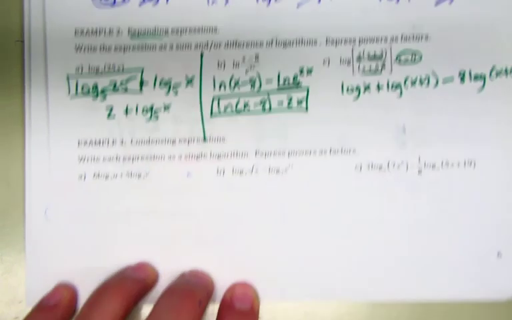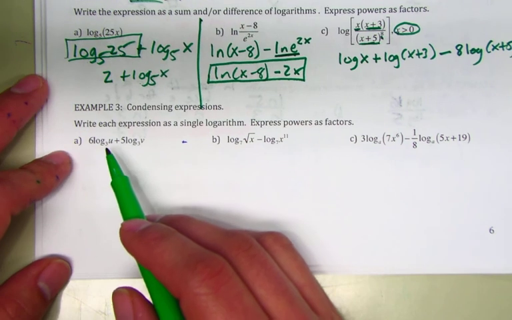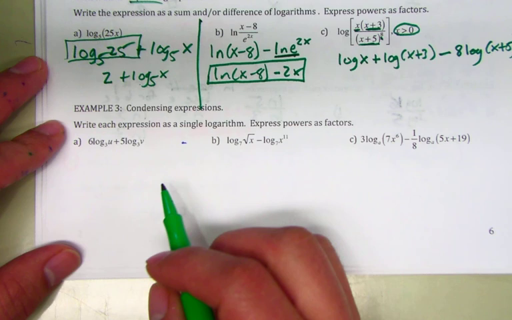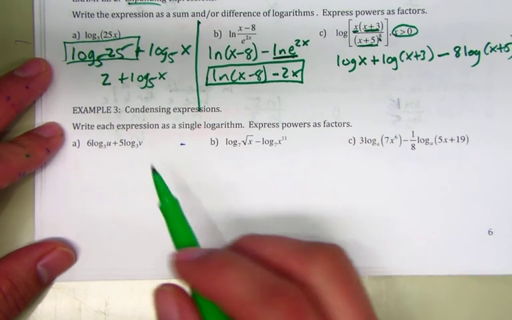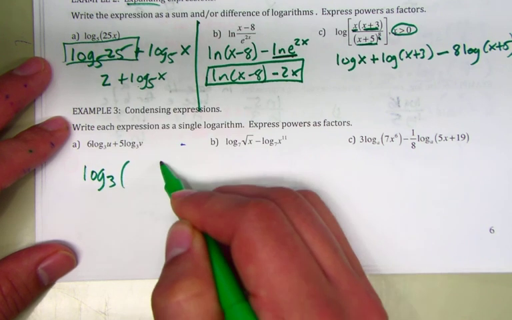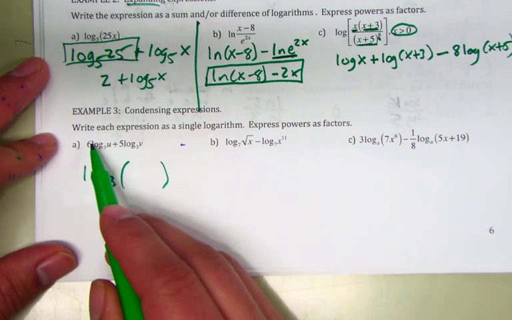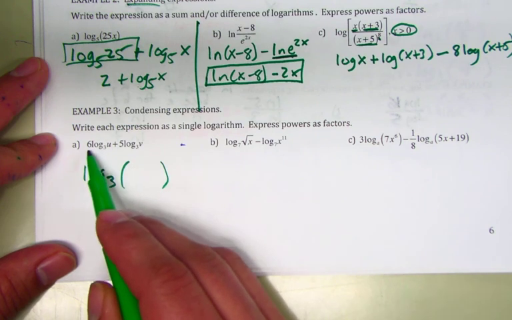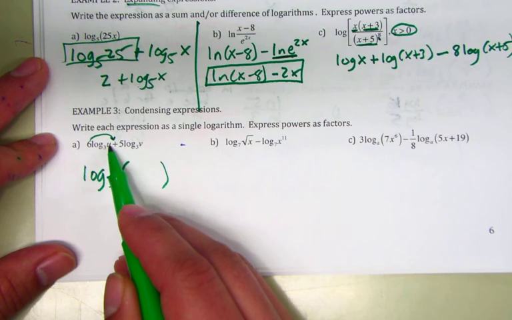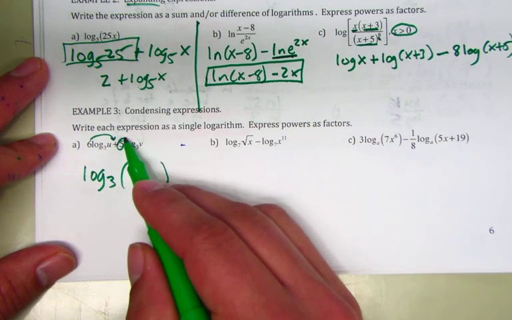All right. Let's see if we can now, this won't be quite as much writing. We're trying to go into one log, right? Let's see if we can do it in one step. Log base 3 of what? Where's this 6 going to go? It's already on the outside. This goes as an exponent of u. And then this 5 becomes the exponent of v, so what goes in here?